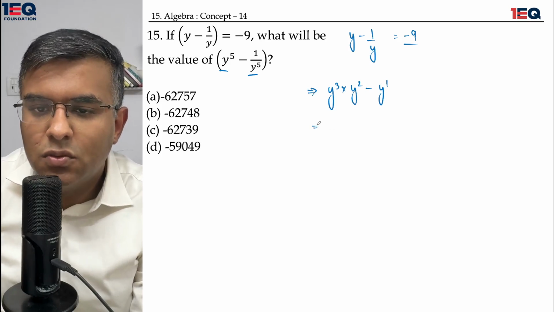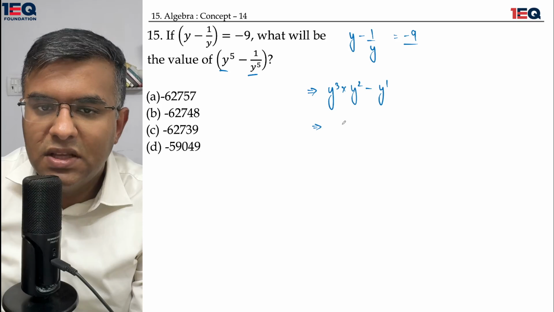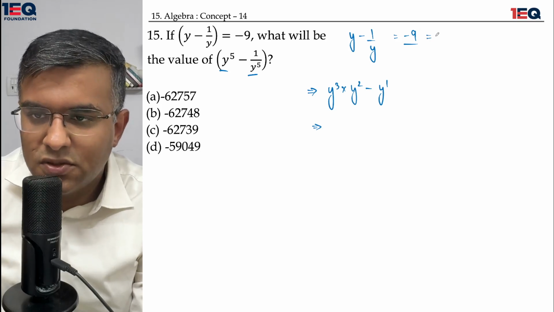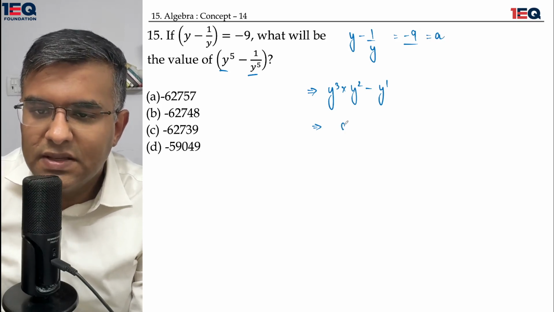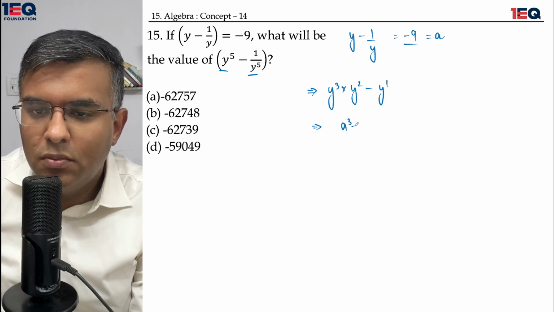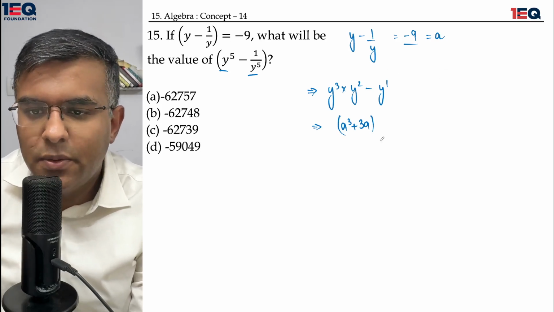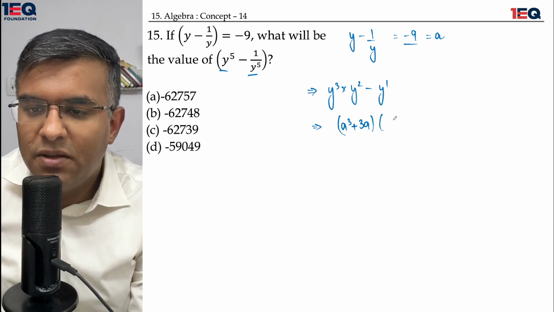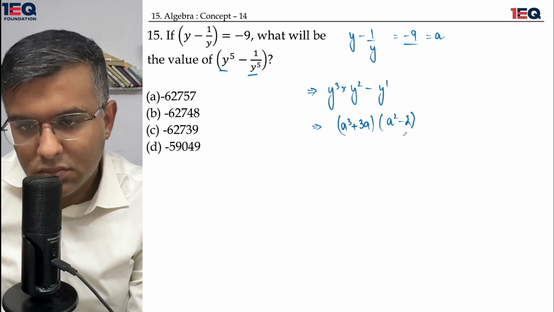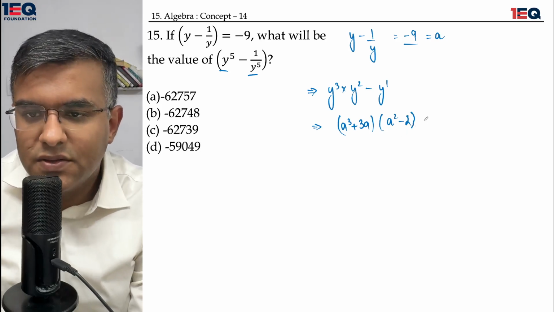So what do the powers of 3 say? They say this is also equal to a. They say that a cube plus 3a is in my kitty. Because this is a negative sign question, it would be multiplied by a square minus 2.